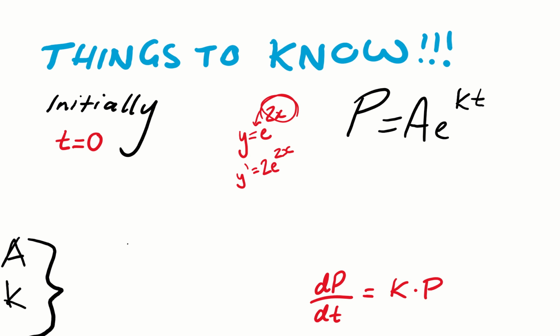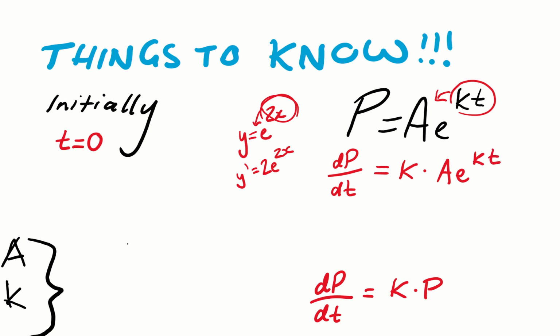So now think of differentiating P with respect to t. Don't be confused. Think about, okay, we're differentiating with respect to time, so I'm going to differentiate the power and times that out the front. So the derivative will be k times Ae to the kt.